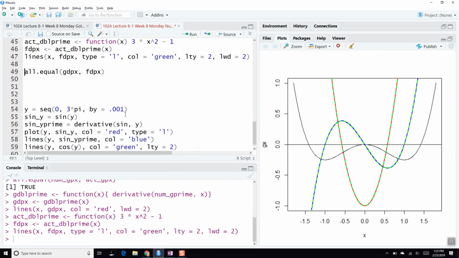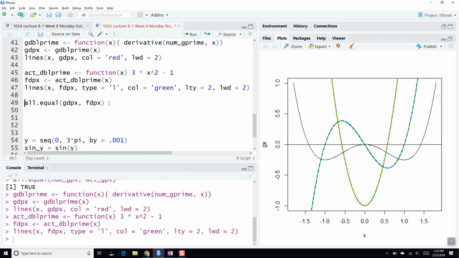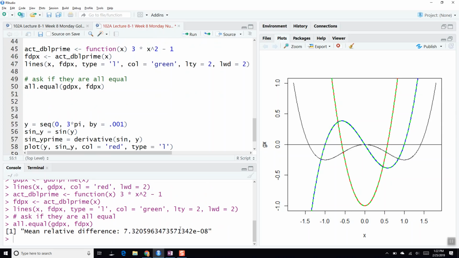Then we can ask the computer, is everything all equal? What the computer returns is that they are not all equal, but the relative difference is 7.3 times 10 to the negative 8.